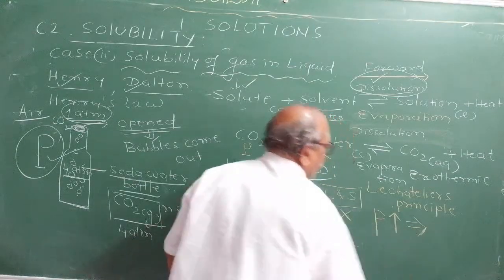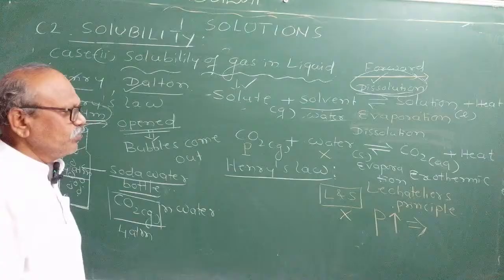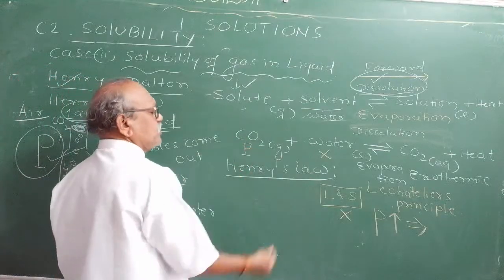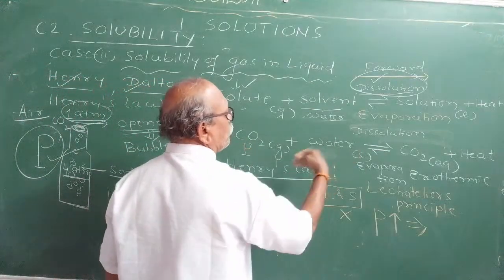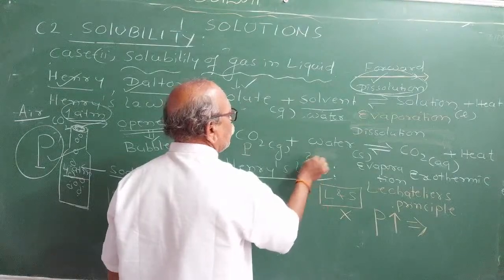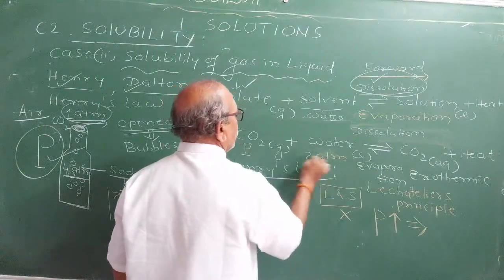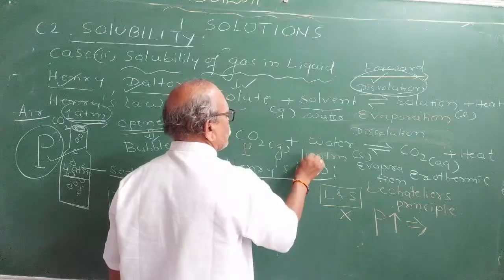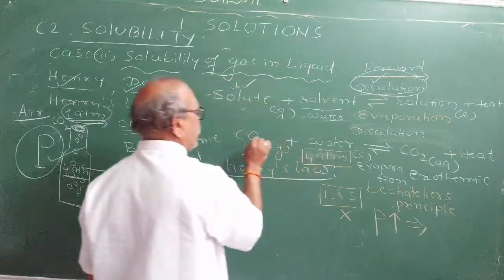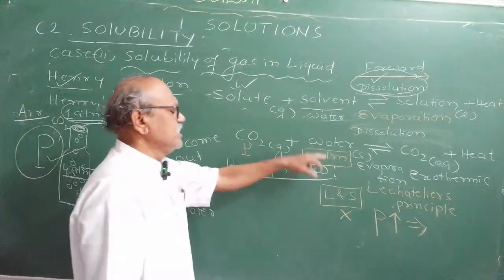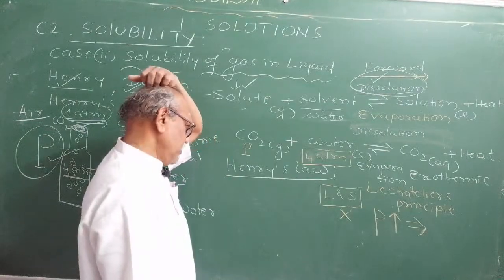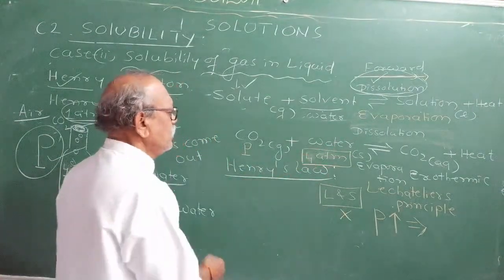What do you expect? When you increase the pressure, suppose this particular equilibrium is at say 2 atmospheric pressure and carbon dioxide is at say 4 atmospheric pressure, in equilibrium.